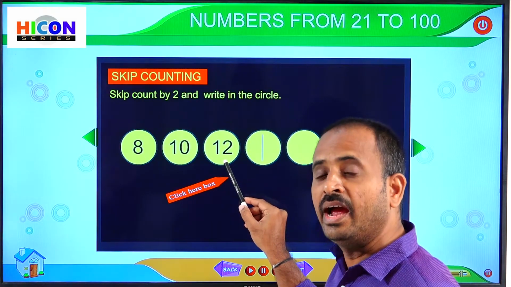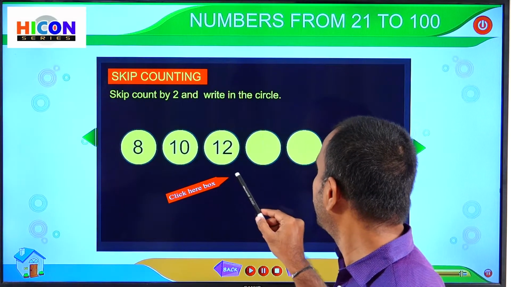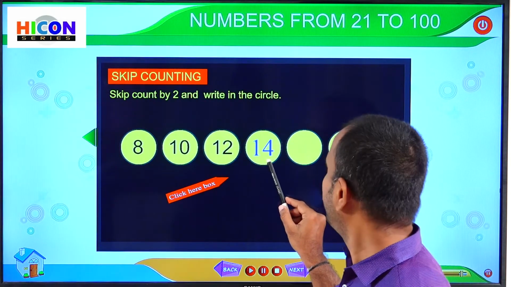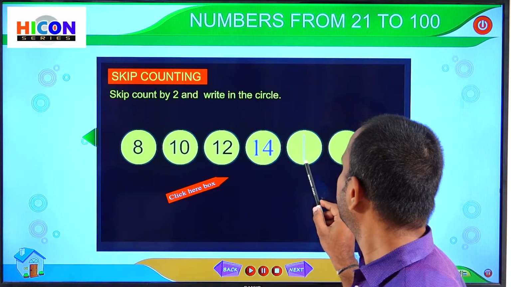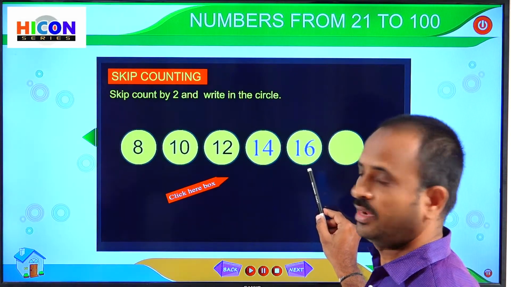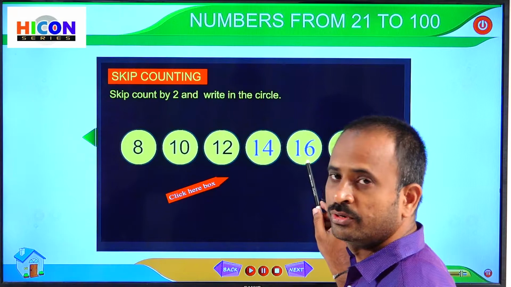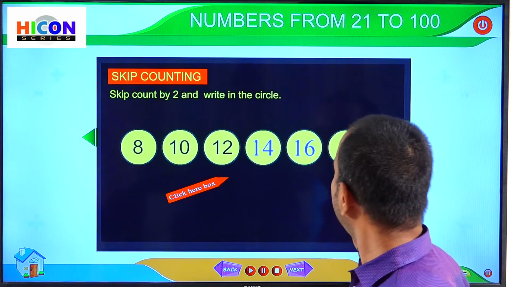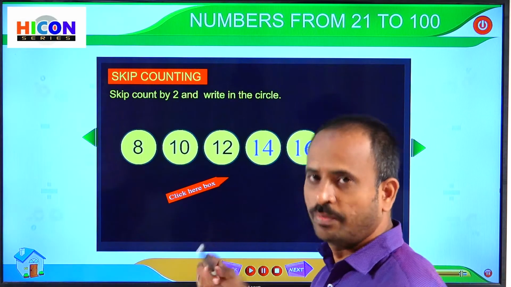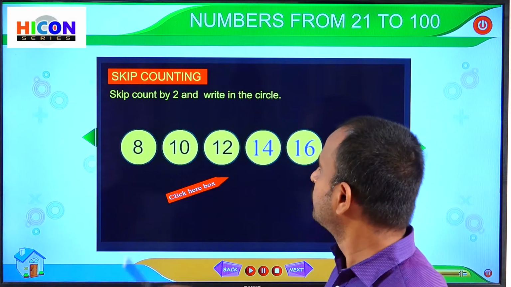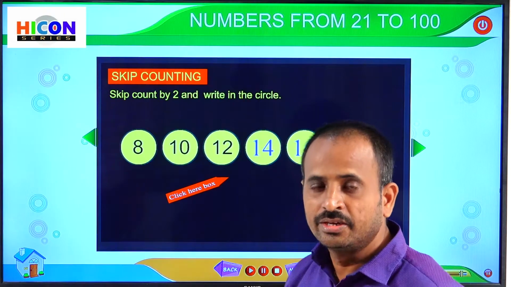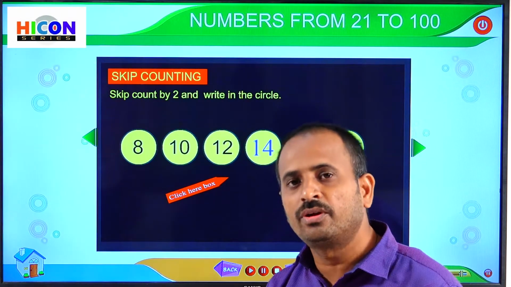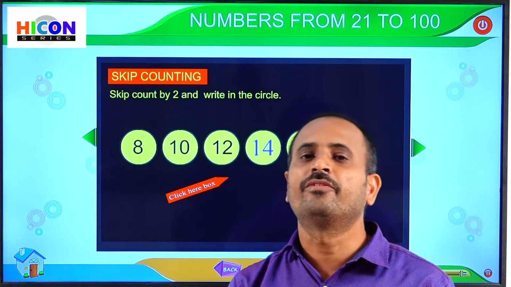Again add 2 to 12, we get 14. Again add 2 to 14, we get 16. Again add 2 to 16, we get 18. So this is called skip count by 2. In this way, with skip count by 3, we add 3 to each number, and if skip count by 4, we add 4 to every number.